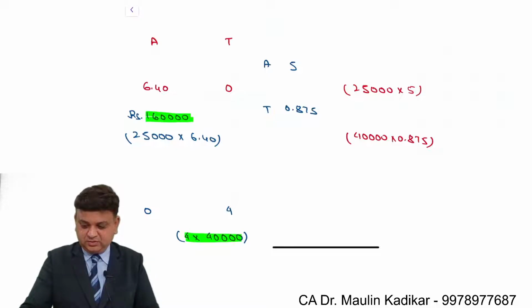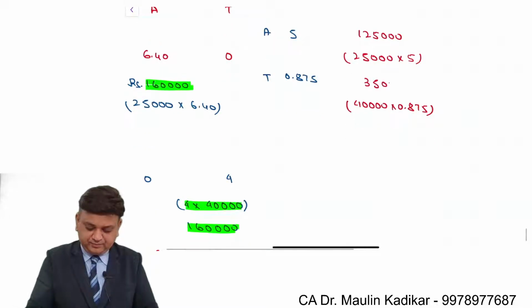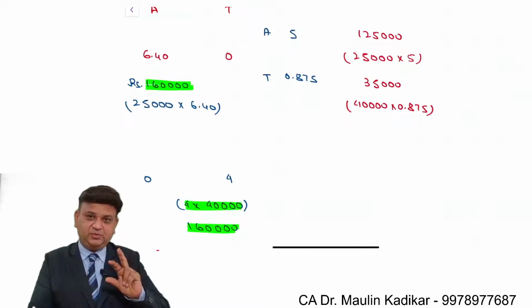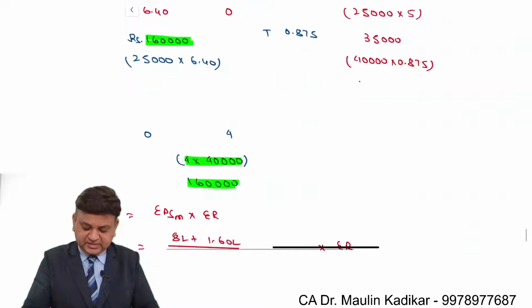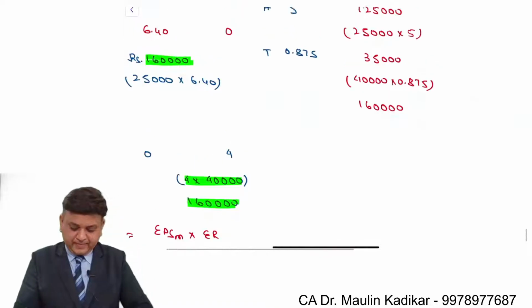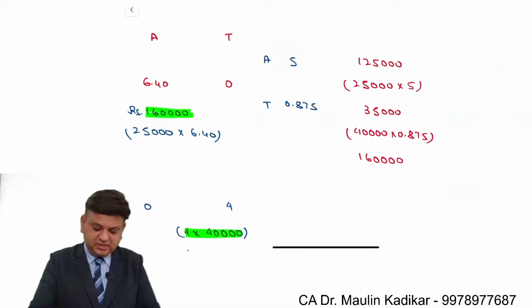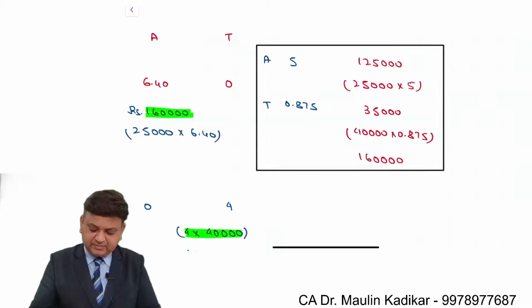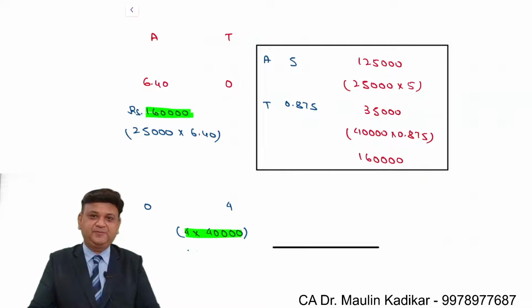So 25,000 into 5, 1,25,000, and 40,000 into 0.875 comes to 35,000. So 125 plus 35 comes to 1,60,000. What happens, friends? The total increase of 1,60,000 is distributed between both the companies in this proportion. This is the way we can have a cross verification, a reconciliation.